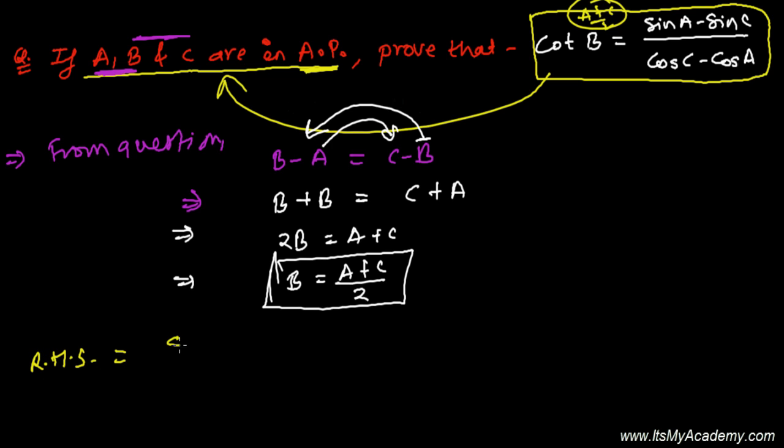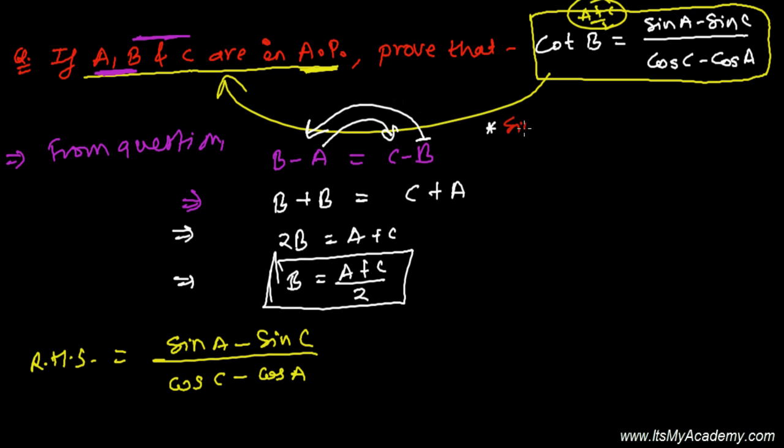The right hand side is sine of A minus sine of C divided by cosine of C minus cosine of A. To solve this, we should know two formulas. Let me write those two formulas.